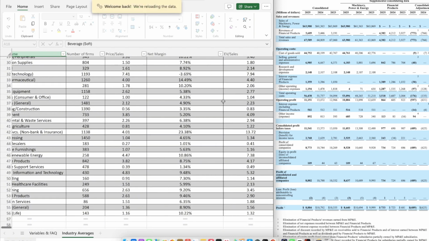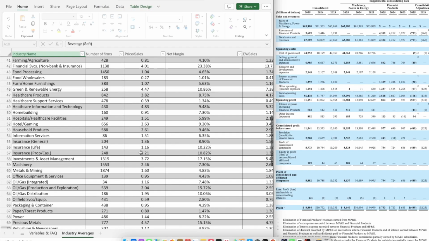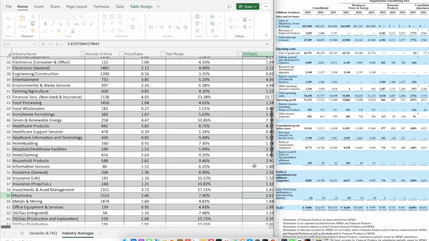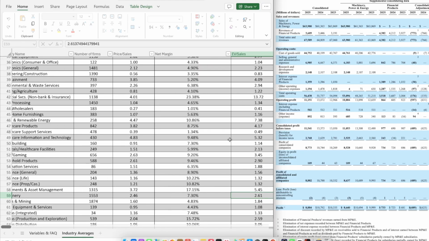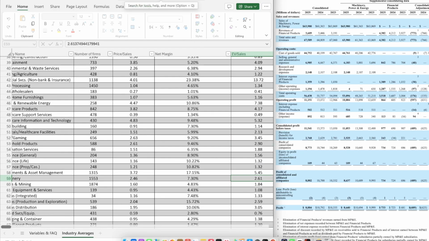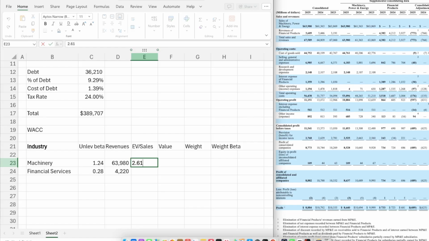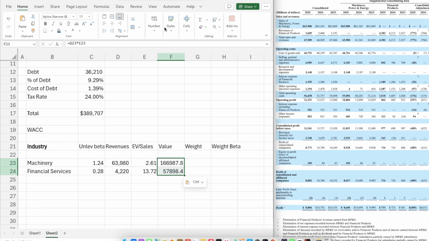This column: 2.61 and 13.72. So the value of each of these revenue segments of the company is 167 for the machinery and 58 for financial services.